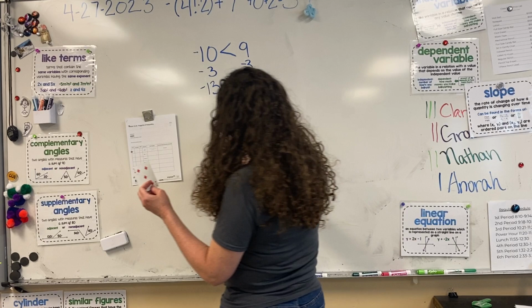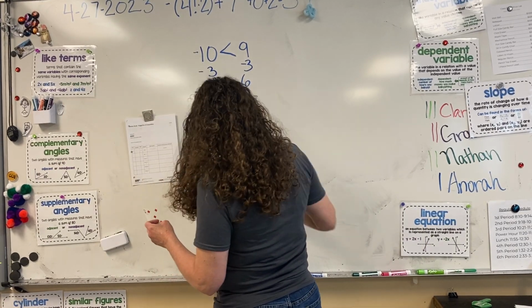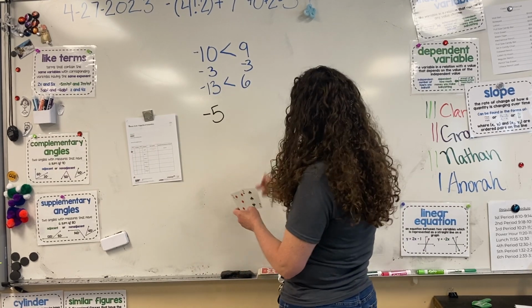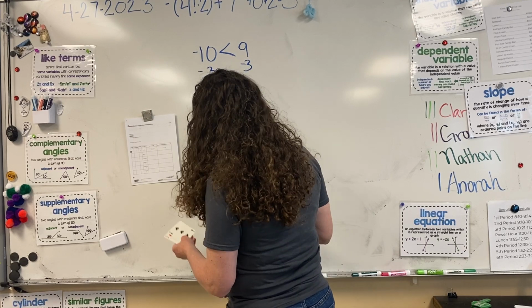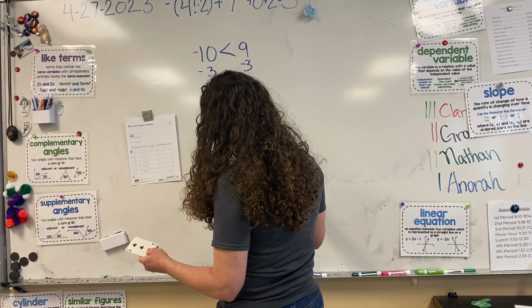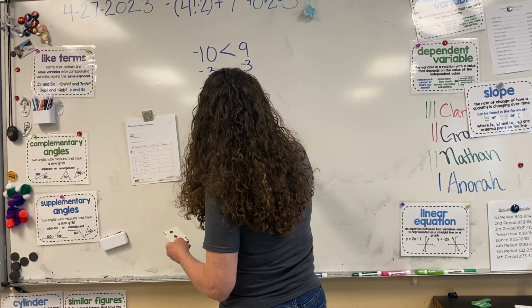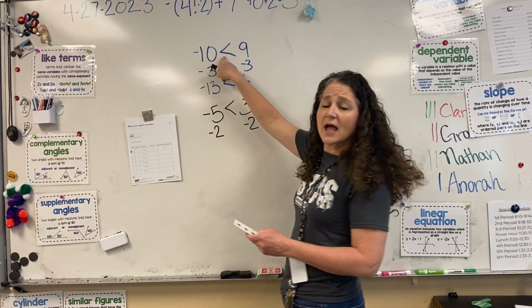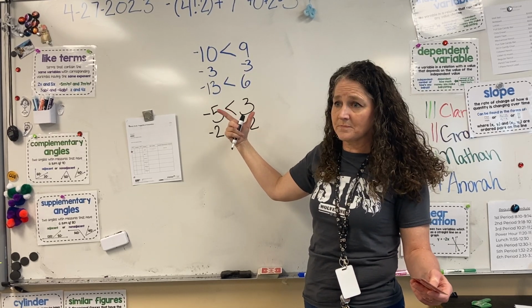Okay, first card is negative 5. Second card is 3. So that one's bigger. Now we're going to subtract 2. Okay, so minus 2. What do you guys predict? We subtracted 3 up here, and the less than sign didn't change. Do you think it's going to be the same? Yeah. Let's find out.